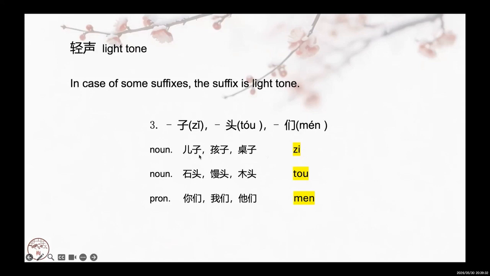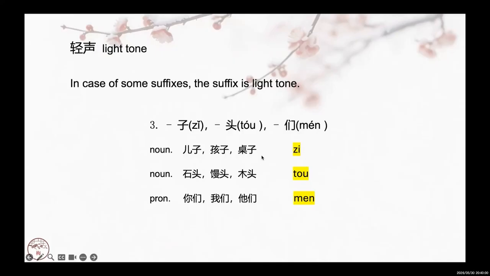For example, 儿子, this means son. Daughter, son, 儿子. We would say 儿子 with the lighter tone. 孩子, children, kid. We would say 孩子. 桌子, 有一张桌子. There is a desk.